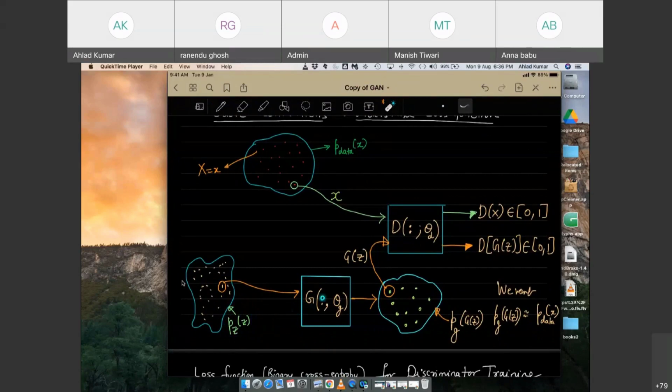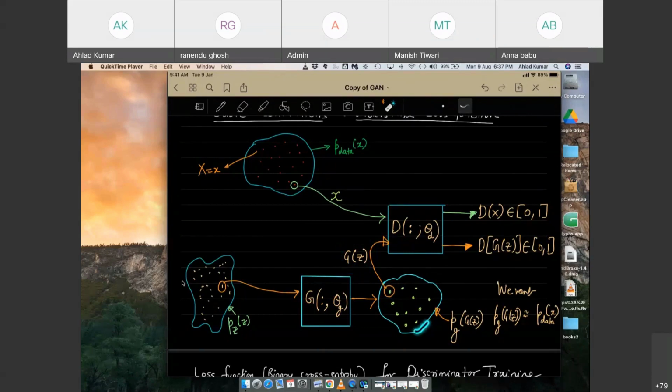One is this double dot, which means you are putting this sample into it, and theta G, which is the trainable parameters of G, which have to be adjusted during the training process. So this is the generator, and then you have G of Z. This is already discussed: it's a transformed random variable.